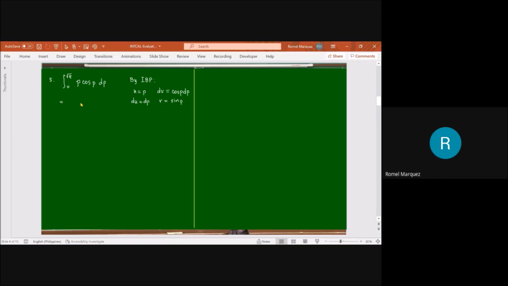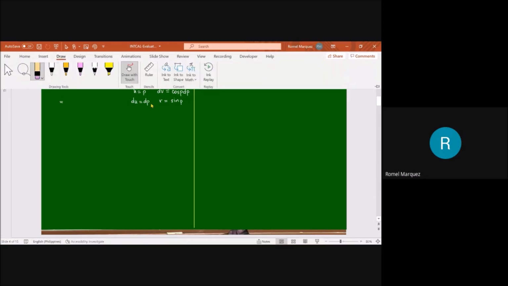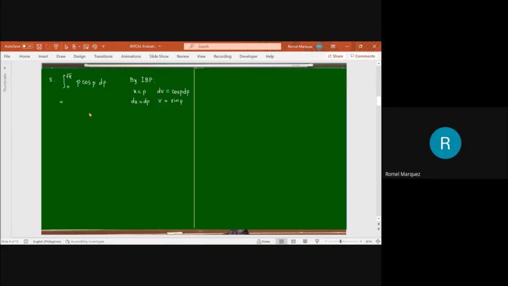So we now have uv, that is p sine p, minus integral of v du, so that is sine p dp.